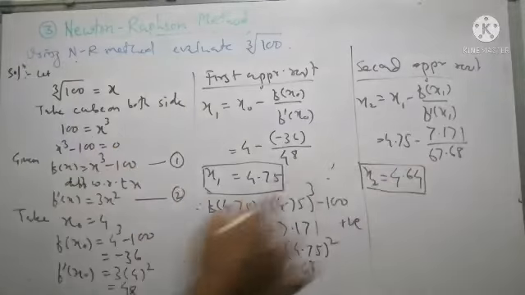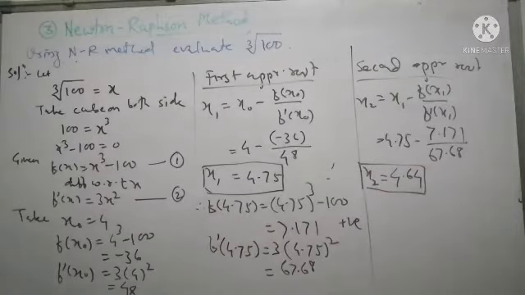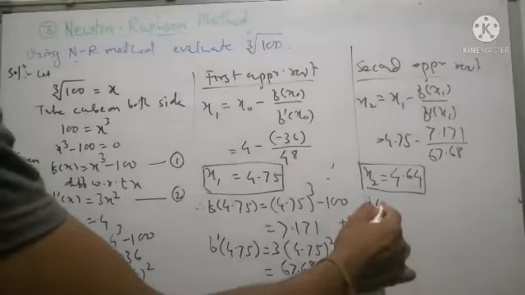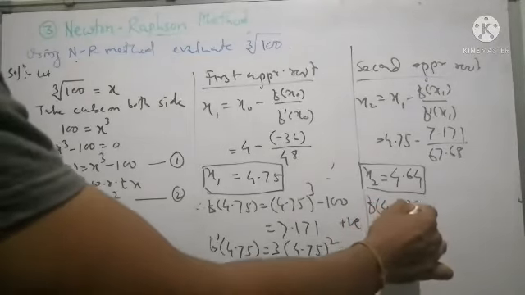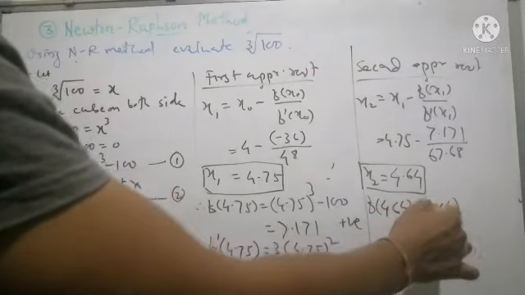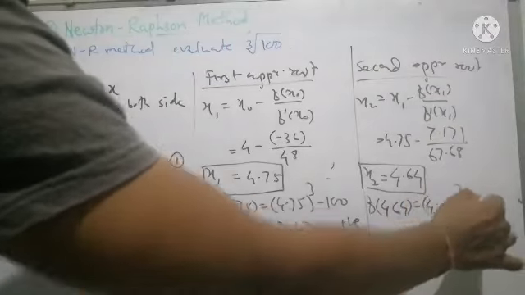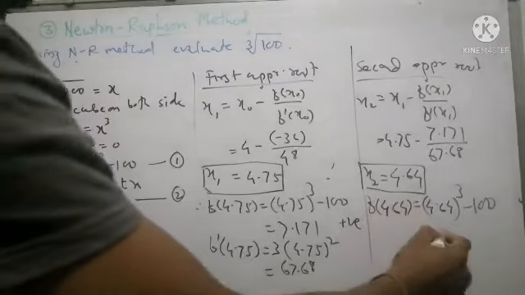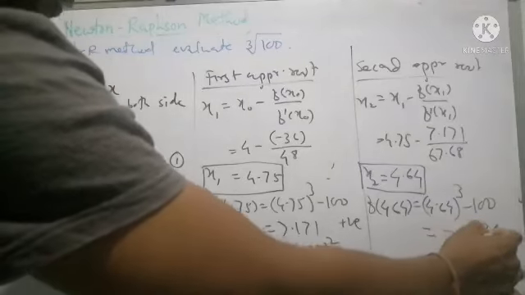Now check whether x2 is an actual root of the given algebraic equation. By putting x as 4.64 in equation number 1, we get f of 4.64 on the left hand side, and on the right hand side 4.64 bracket cube minus 100. Using a calculator we get f of 4.64 equal to minus 0.1026.